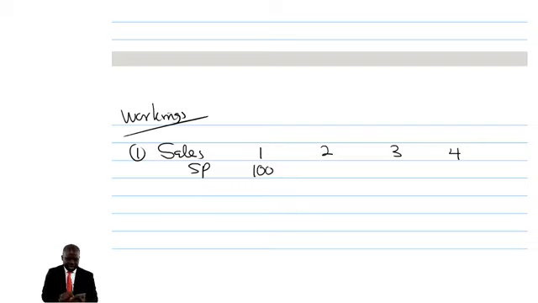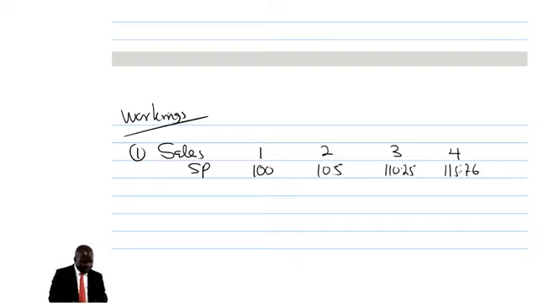So 100 times 1.05, that is giving me 105 times 1.05 is 110.25 times 1.05, 115.76, isn't it? 115.76.